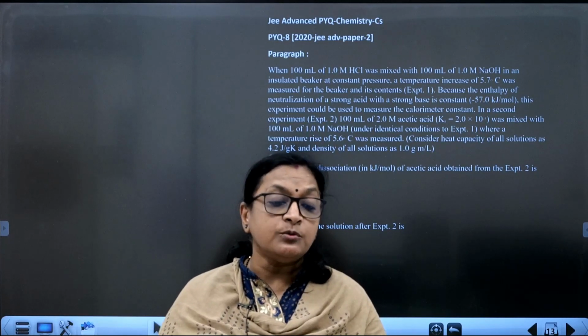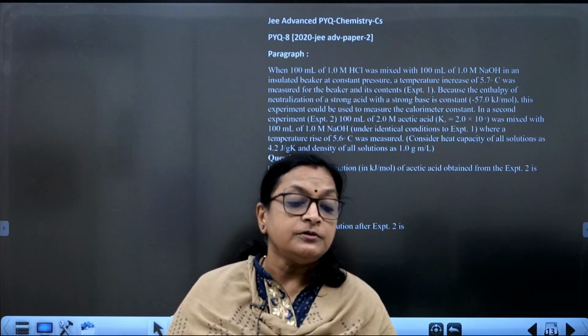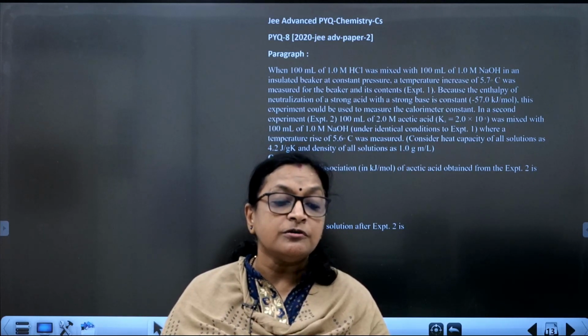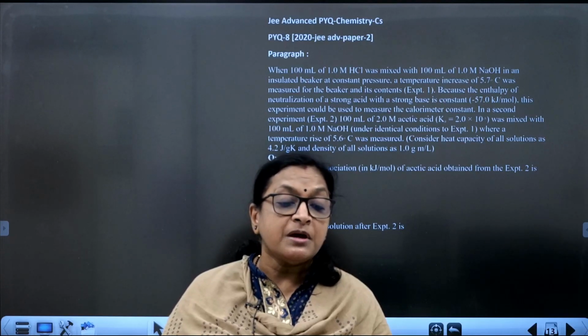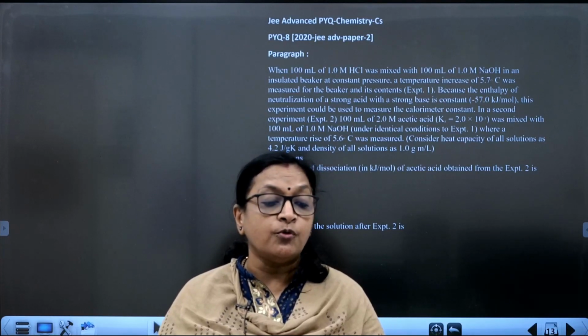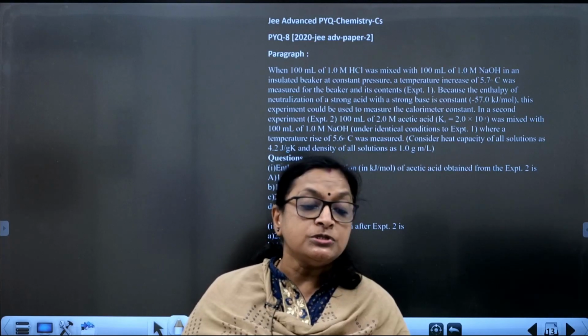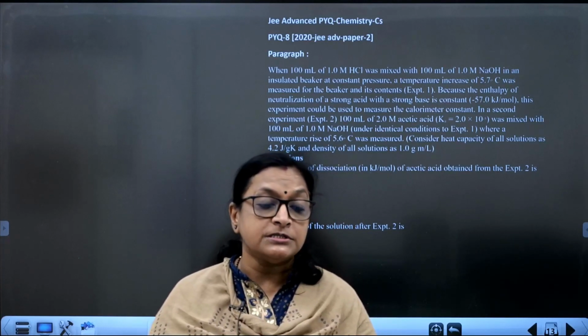That was experiment 1. Because the enthalpy of neutralization of strong acid with strong base is constant, which is minus 57 kilojoule per mole, this experiment could be used to measure the calorimetric constant.